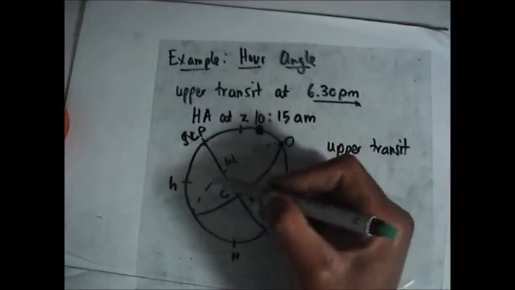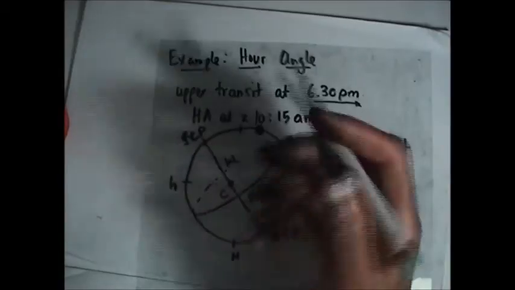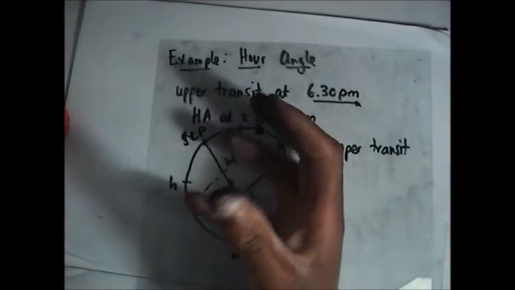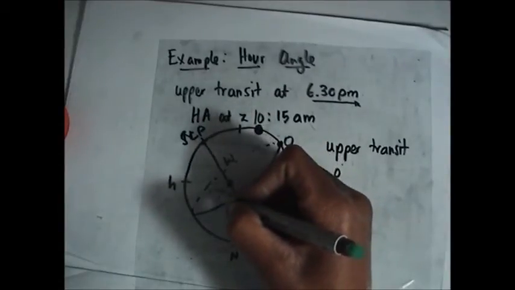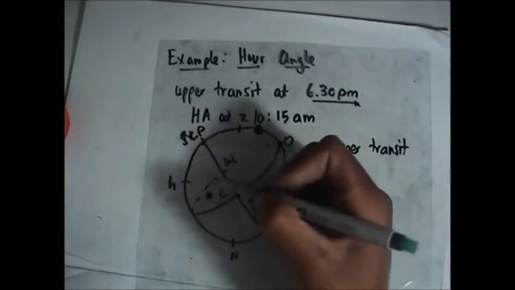So at 10, it will be now on the front side here. It will have gone round. So now imagine that the star is now here at 10 p.m.